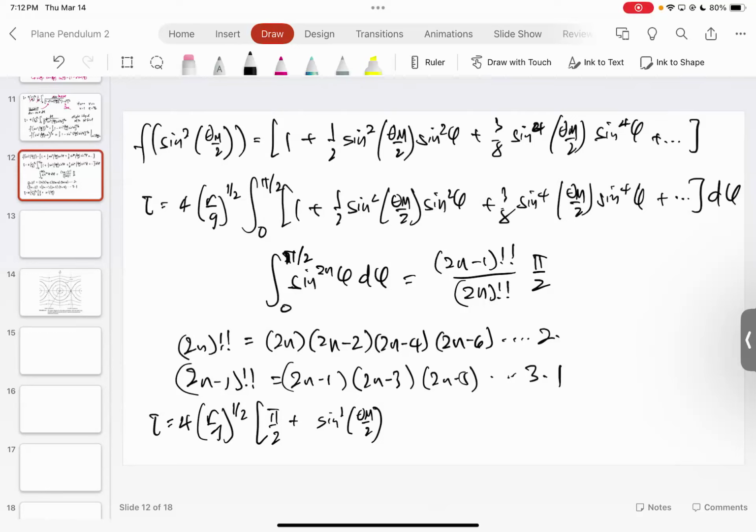So 2 times 1 is 2, minus 1 is 1. So the numerator is 1 and the denominator is 2. So 1/2 times pi over 2, so pi over 4. Right? But you still have the 1/2 coefficient, so pi over 8.